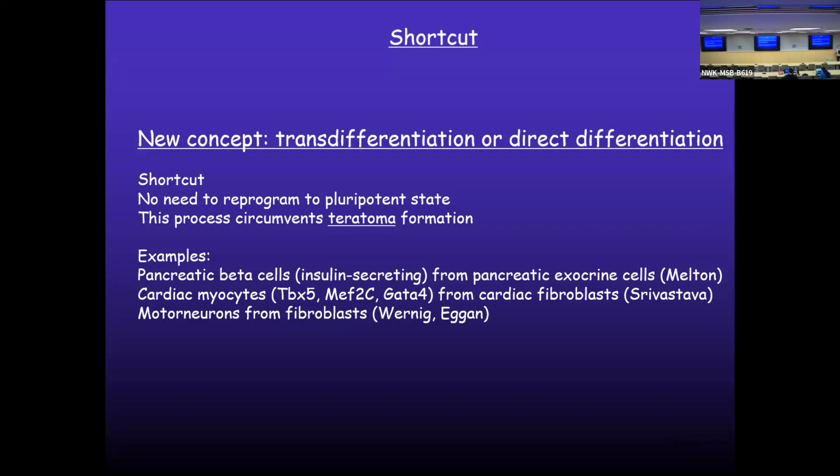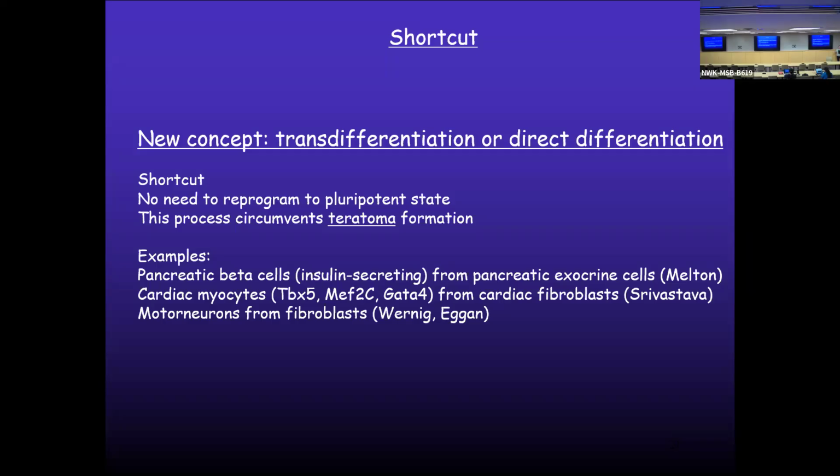So can we try to force a fibroblast to become, let's say, a cardiac myocyte without the need to go through pluripotency? Can we do that? Can we take that shortcut? It's a huge energetic shortcut, okay?